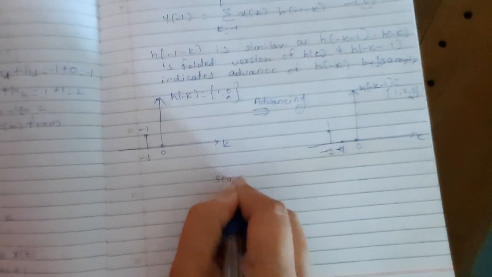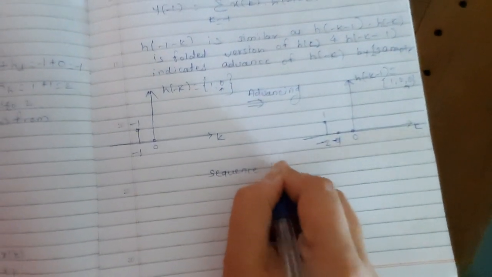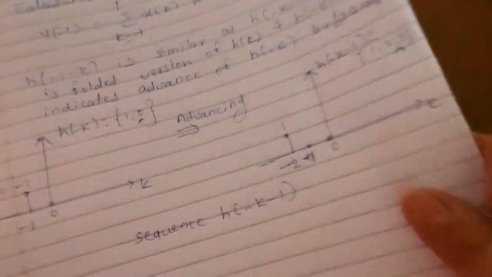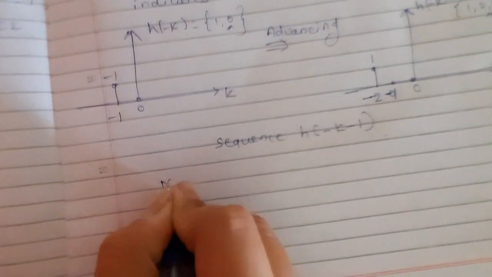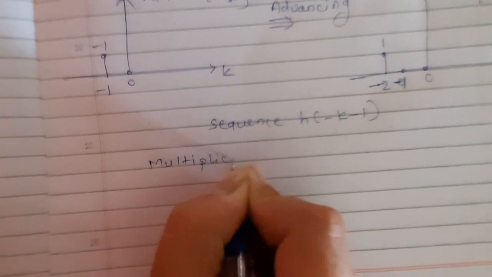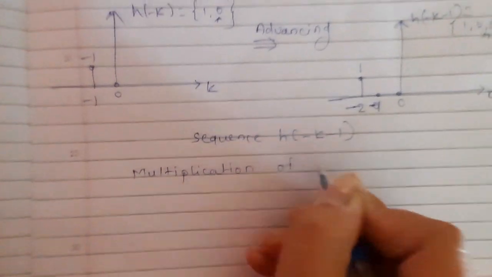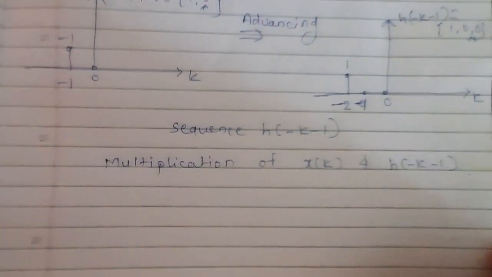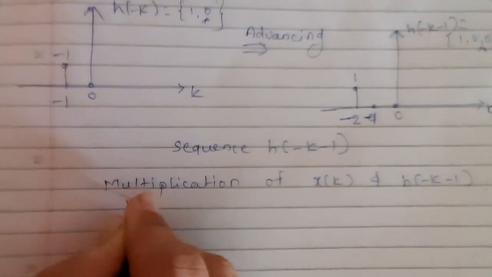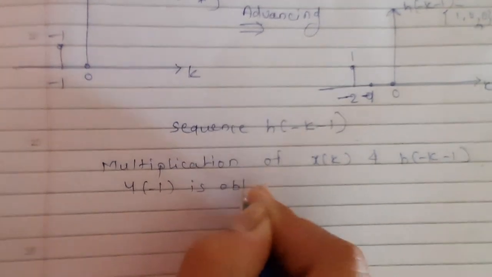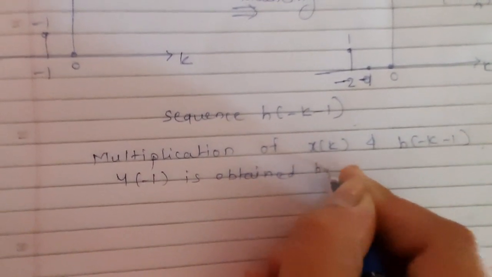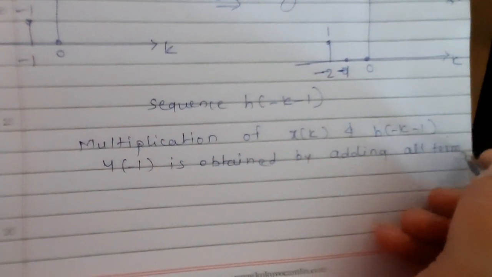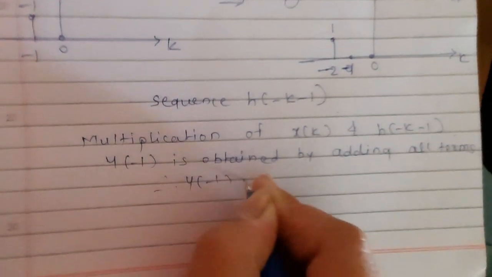This is the sequence h of minus k minus 1. Now the next part is multiplication. Multiplication of x of k and h of minus k minus 1. So we directly add, and here y of minus 1 is obtained by adding all terms. So y of minus 1 is equal to 0.